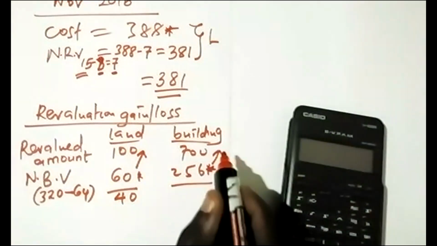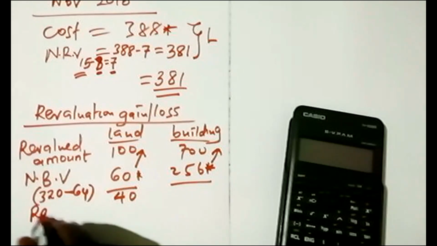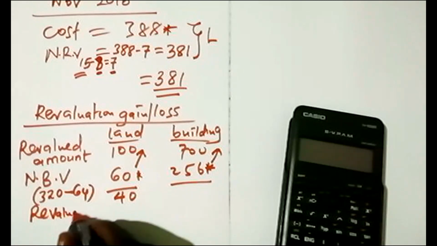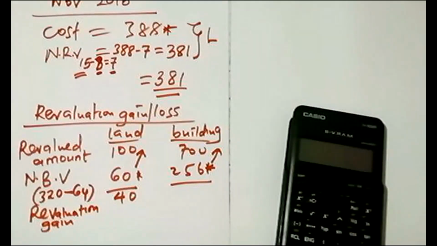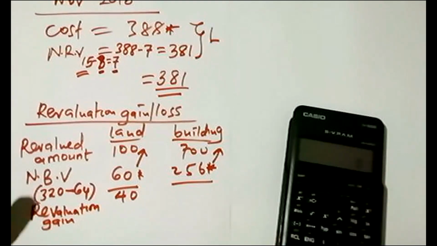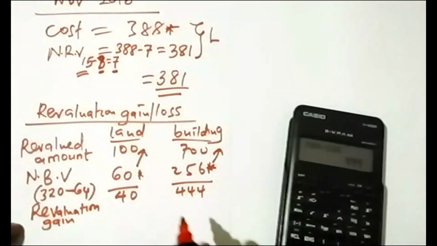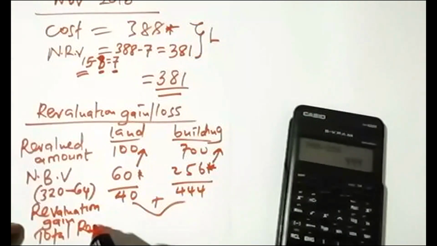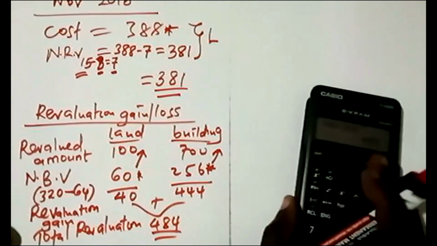Then the building was revalued to 700, so the difference is a revaluation gain of 444. So the total revaluation is 484.